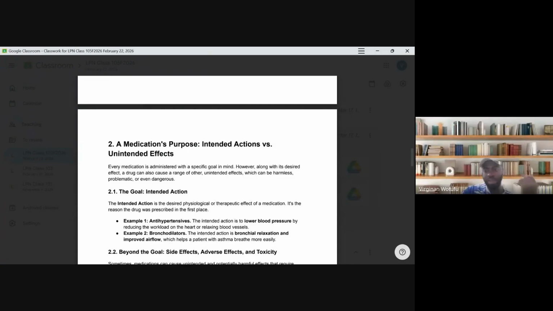Can we get the difference between the side effects, the adverse effects, and the toxic effects of medication? The difference between these three: the toxic effects, side effects, and adverse effects.